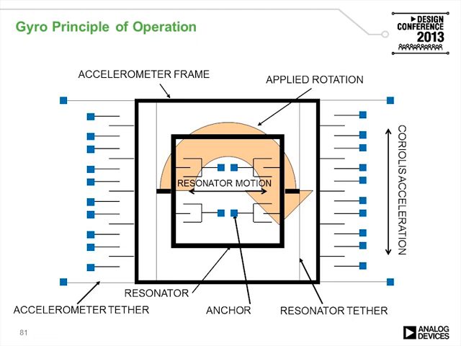This is a slightly more detailed diagram of what the mechanical sensor of a gyroscope actually looks like. You can see in the middle the resonator, the thing that moves back and forth, and around it the accelerometer frame. You can also see the fingers, moving fingers and fixed fingers, just like in the accelerometer, that measure the up and down displacement that is a result of the Coriolis force.